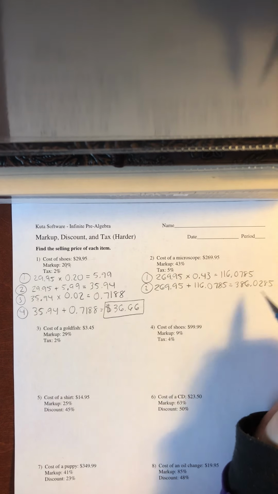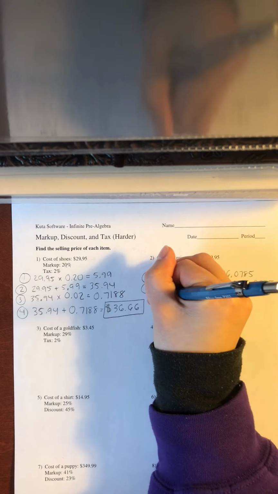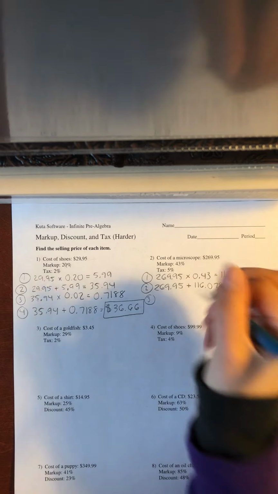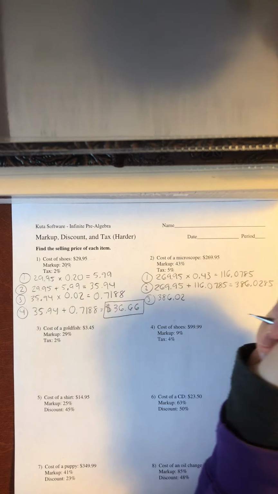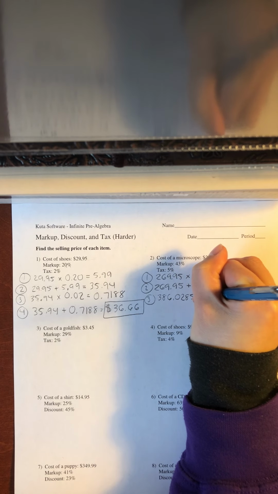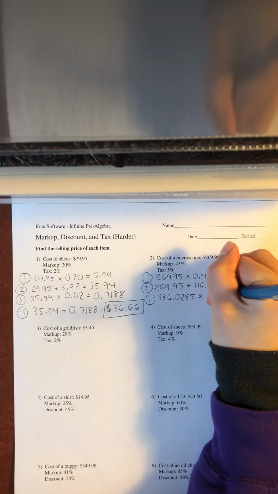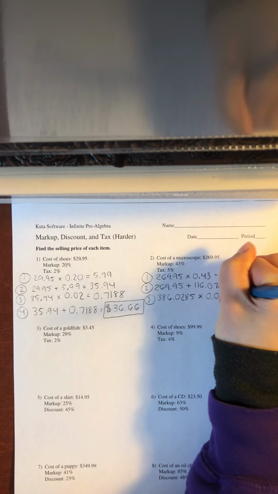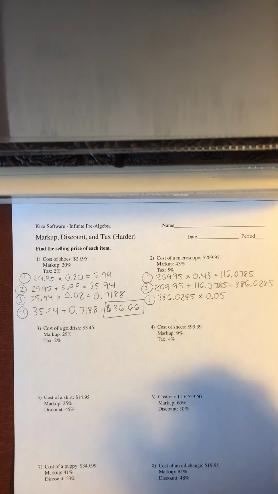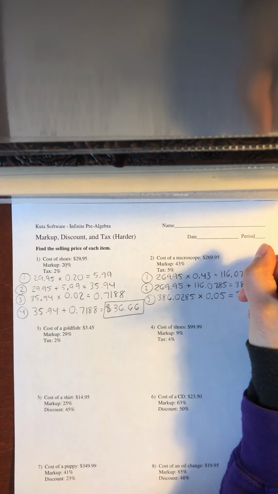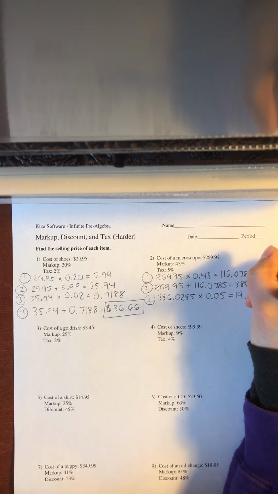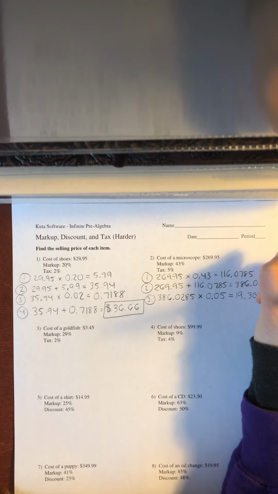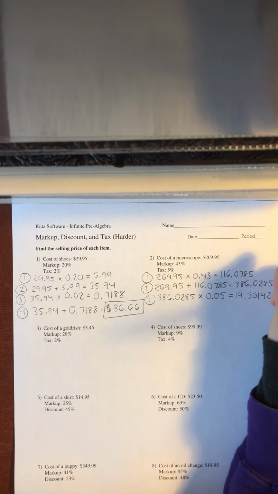Now we have a 5% tax on this, so we're going to take the cost, which was 386.0285 times 5% tax, that's 0.05. When you put that in your calculator, you will get 19.301425.